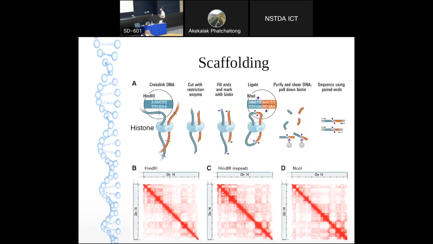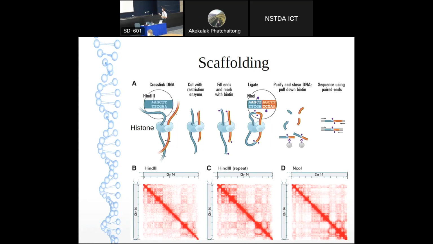So the idea is that two histones come into contact. The formaldehyde then links them together. It links the DNA that's around the histones to the histone. And then when we use a restriction enzyme to cut all of the DNA, we have left some DNA attached to a histone that's attached to hopefully a nearby histone that's attached to some DNA.